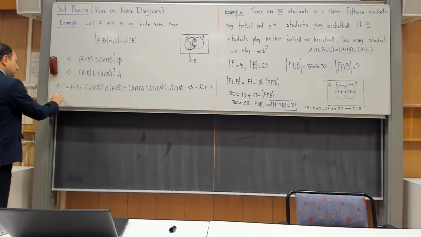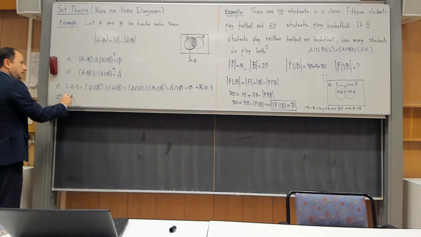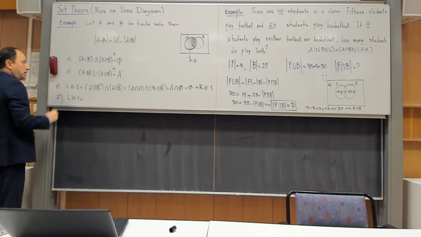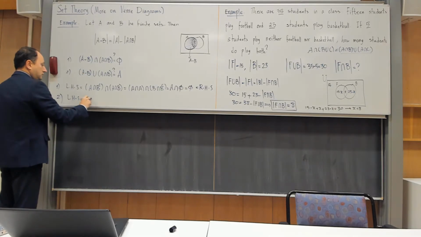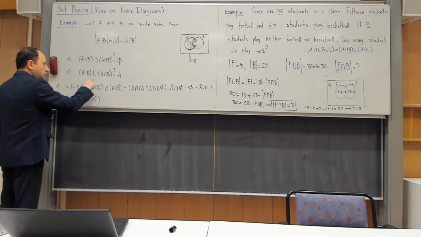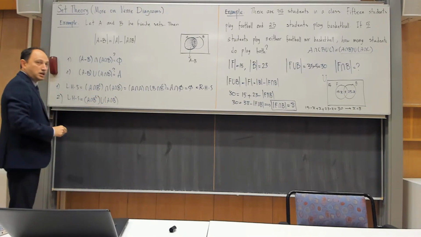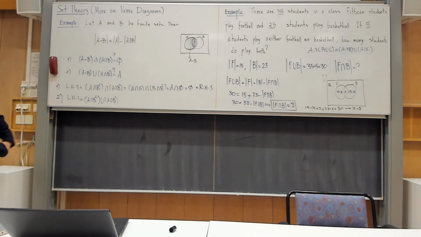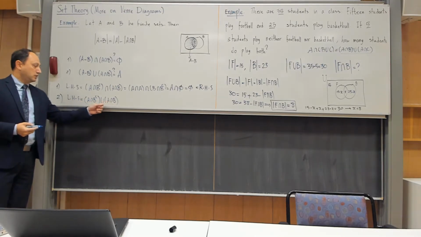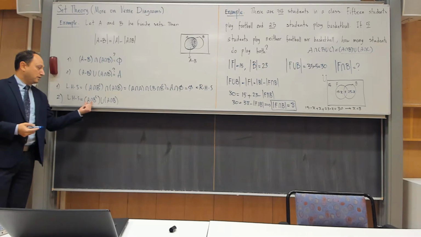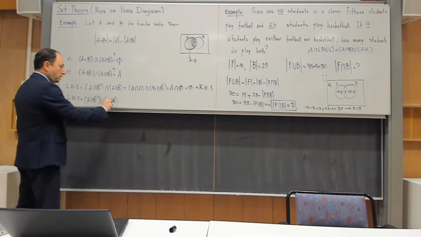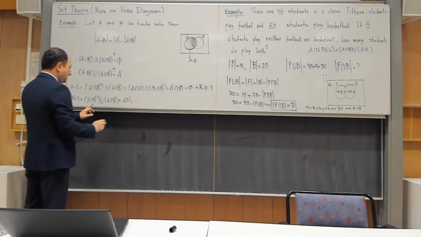Number 2, so now I start from the left-hand side again, but A minus B is what? A intersection B complement. Now union A intersection B. Is this the right-hand side of a distributive law? In this case, yes. Because 2 of them are intersections and 1 of them is a union, I can factor out A intersection from this set.